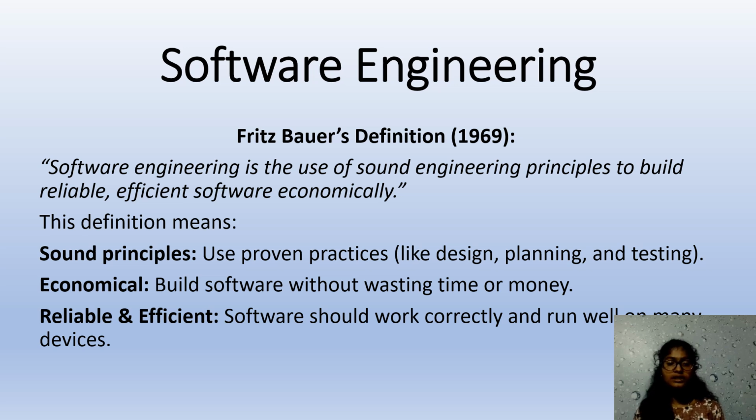Sound principles means using proven practices like design, planning, and testing. Economically is nothing but building the software without wasting time or money. Reliable and efficient means the software should work correctly and run well on many devices.